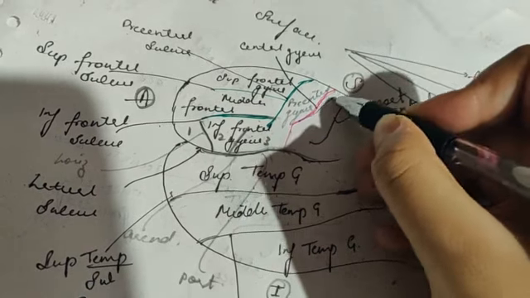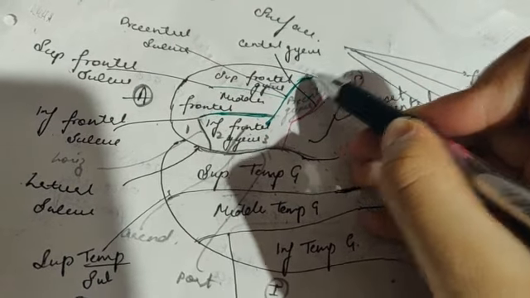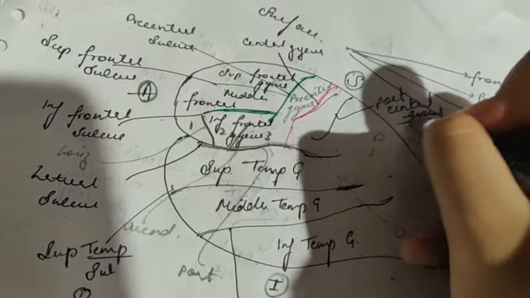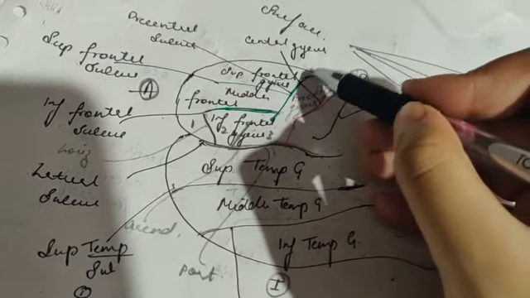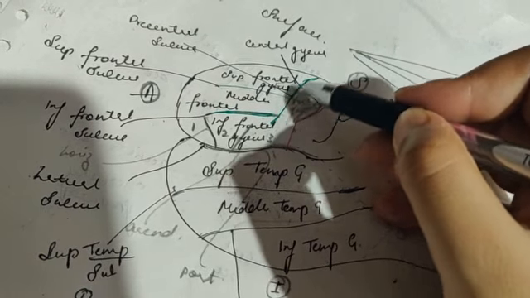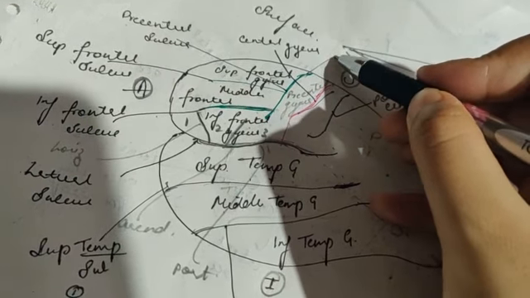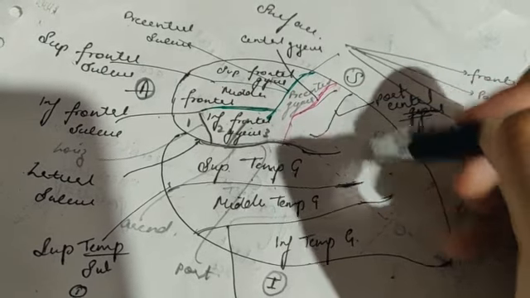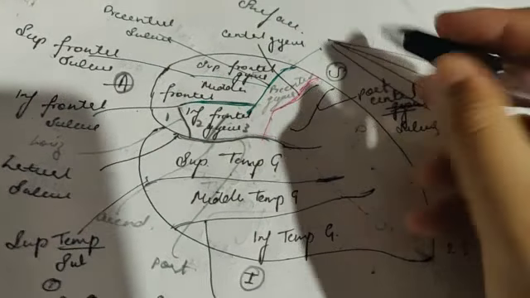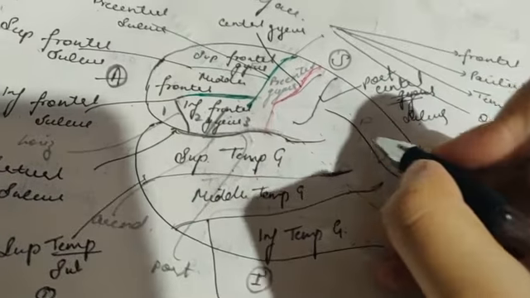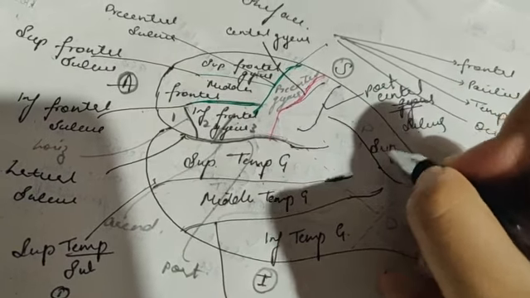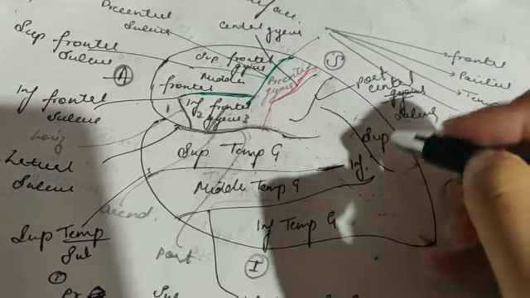Because this is the central gyrus. This is the post-central sulcus. The sulcus in front, in the frontal lobe, is called the pre-central sulcus, and in the parietal lobe it's the post-central sulcus. Then we have a sulcus that divides it into a superior and inferior parietal part.